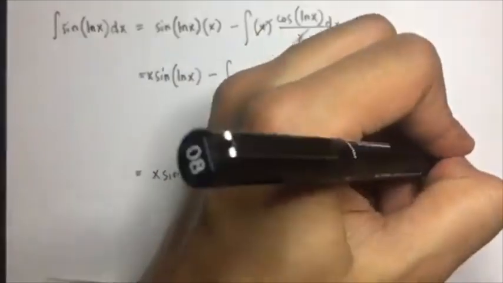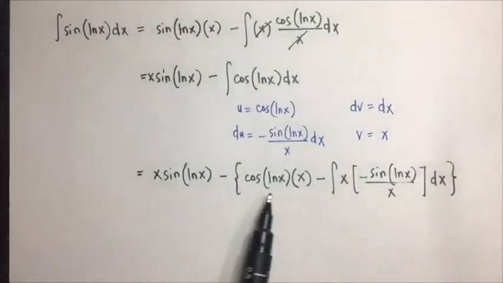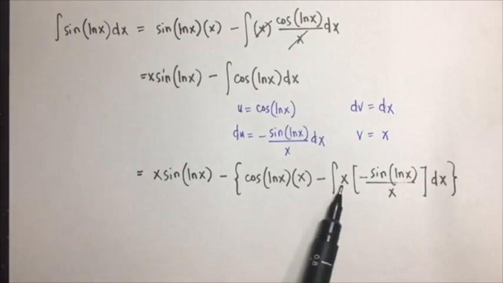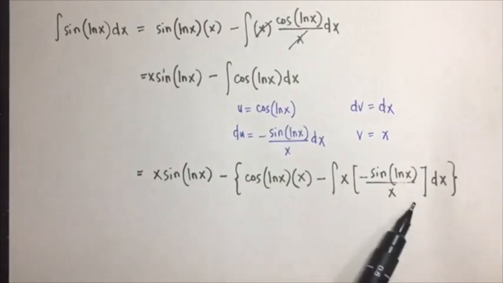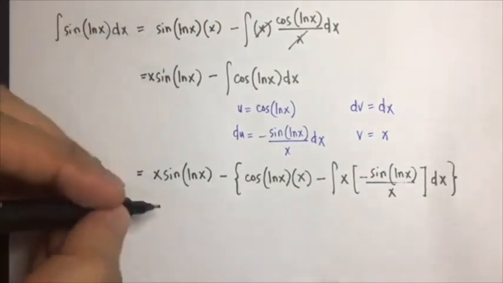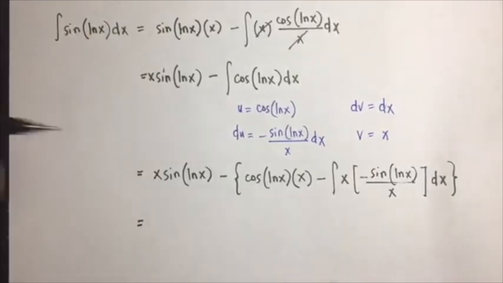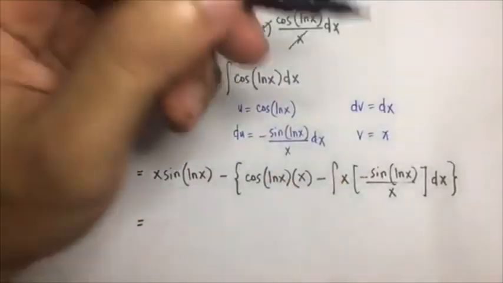Okay, so we have uv minus v du. As you can see, we can cancel x here.